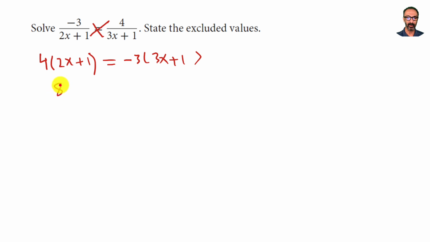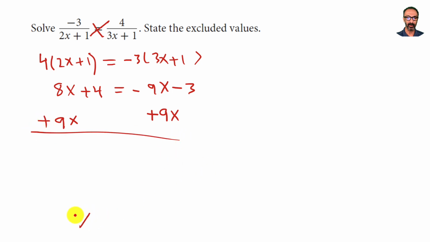So we have 8x plus 4, of course. And here, distribute again. It's a minus 9x minus 3. Now, we could have x's on one side because that's the way we like. And that's our aim, to have x's on one side only.